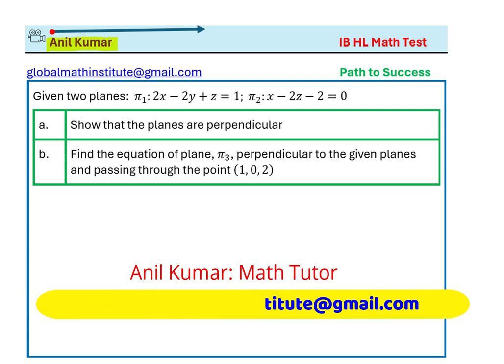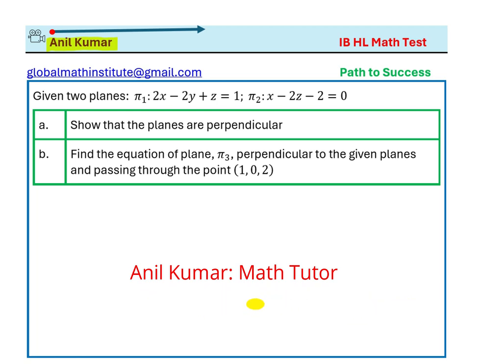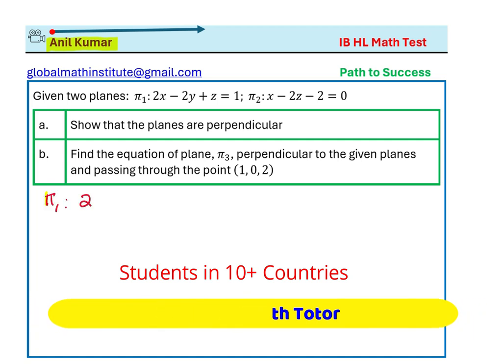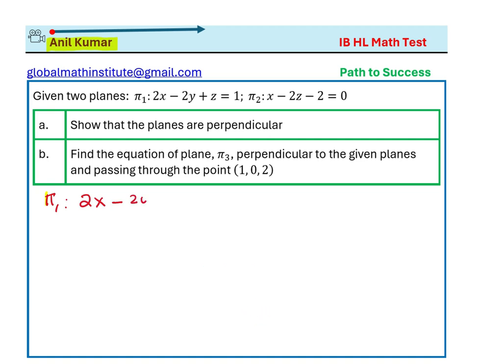So once we are given the planes in Cartesian form, we can directly get the normal, right? For the plane pi 1, which is given to us as 2x minus 2y plus z equals 1, the normal n1 is equal to the coefficients of x, y, z, which are 2, minus 2, and 1.